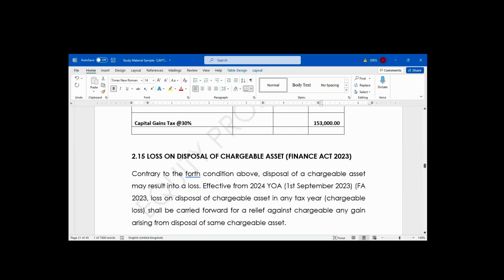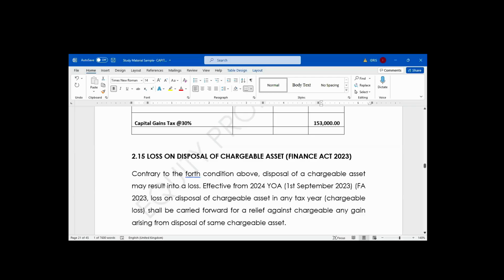Look at it very well. Finance Act 2023 says loss on disposal of chargeable assets in any tax year shall be carried forward for relief against any chargeable gain arising from disposal of the same what? Same asset. Chargeable assets.